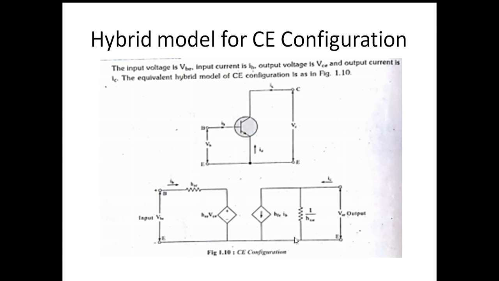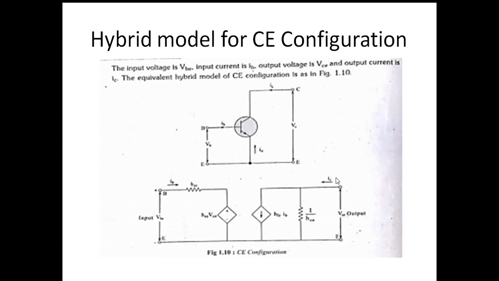This hybrid model is developed by two equations. One is the input voltage equation and another one is the output current equation. The input voltage equation is developed by using the KVL, Kirchhoff voltage law. So this input voltage is equal to the sum of the other two voltages.